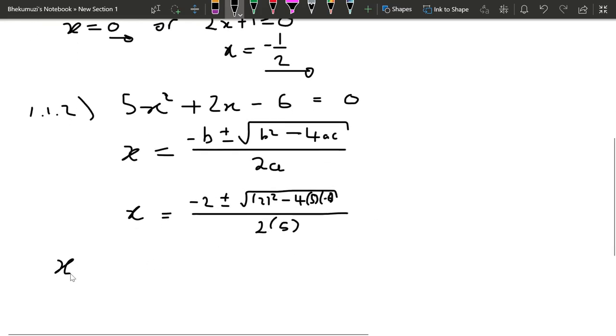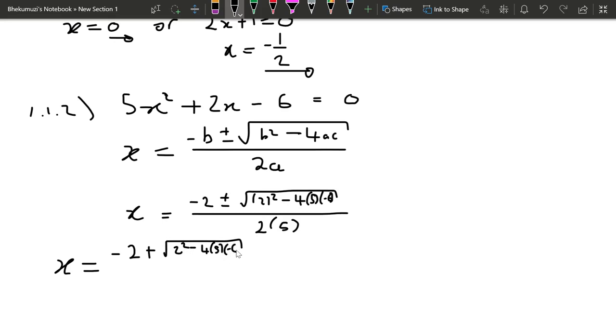The first solution would be the one for minus 2 plus the square root of 2 squared minus 4 of 5 times negative 6, all over 2 times 5.